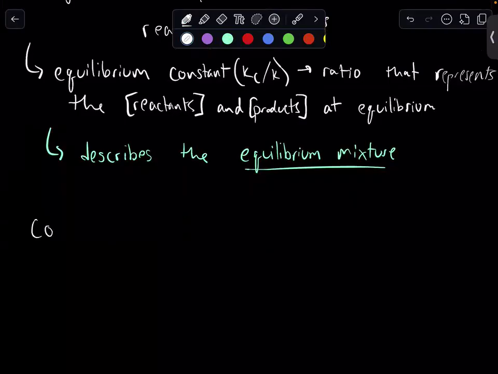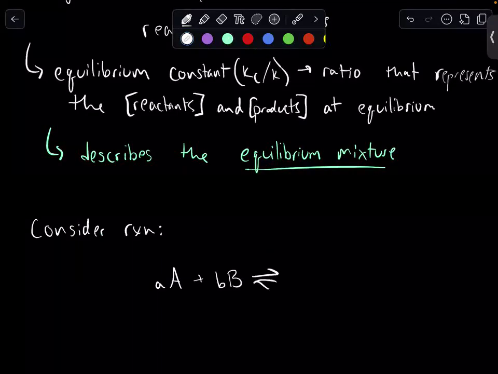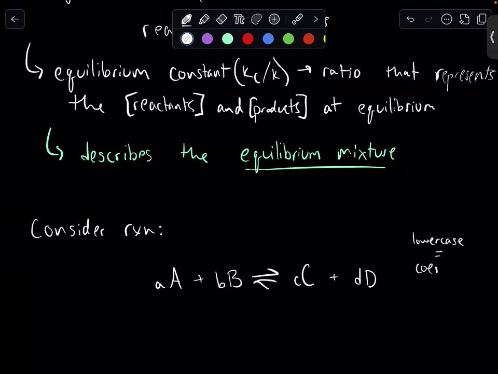With that, we'll consider a generic reaction, aA plus bB reacts to form an equilibrium, cC plus dD. And those lowercase letters are the coefficients of the balanced equation.